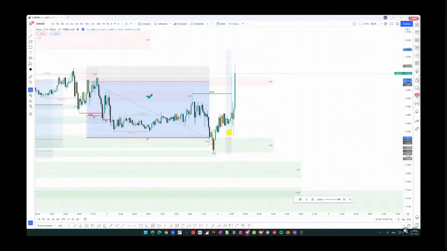But there is one little tip if you want to get in without this, because this is a little bit low, right? So you can use 70% of the move. Let's see if we get filled. Yeah, it's not. So we have to accept that.